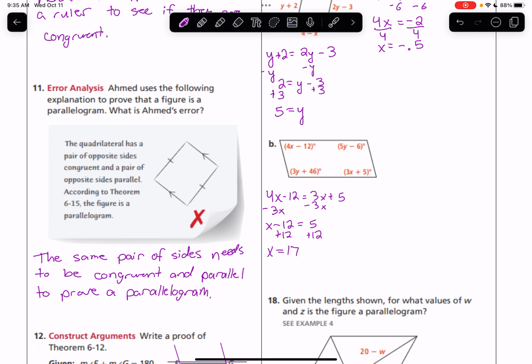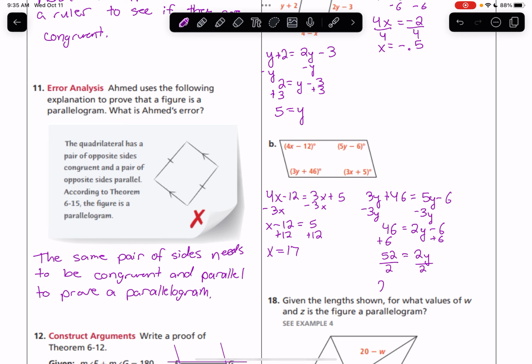So x equals 17, and 3y plus 46 equals 5y minus 6. So 26 is equal to y.